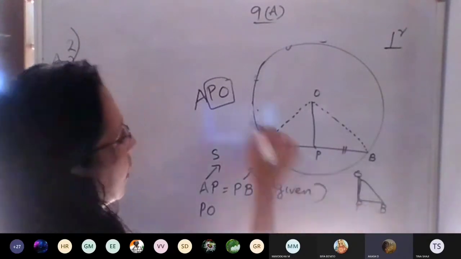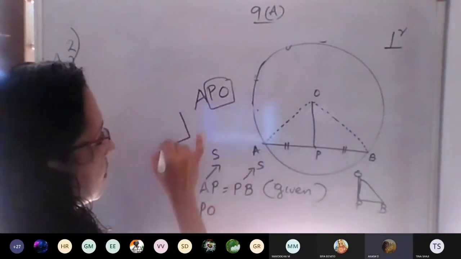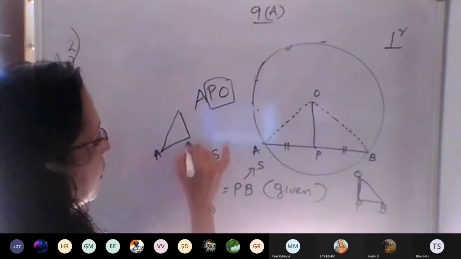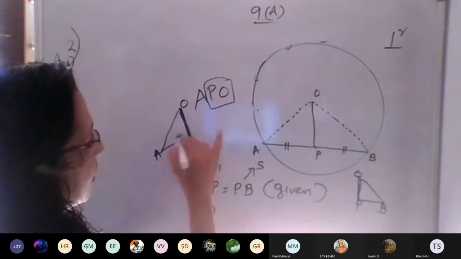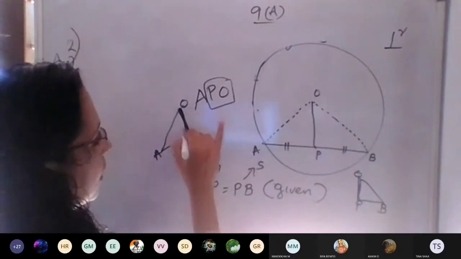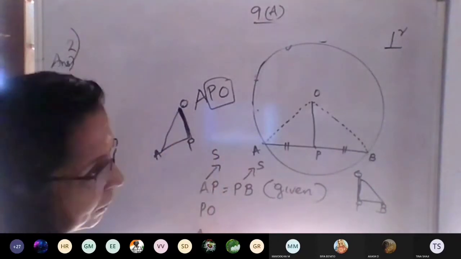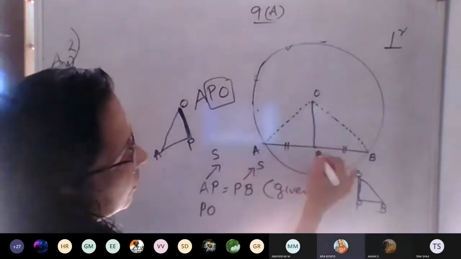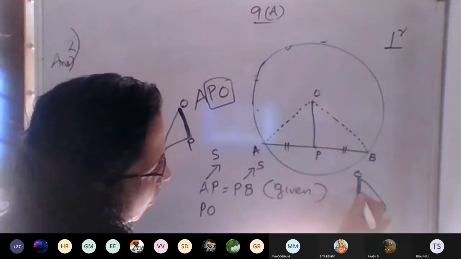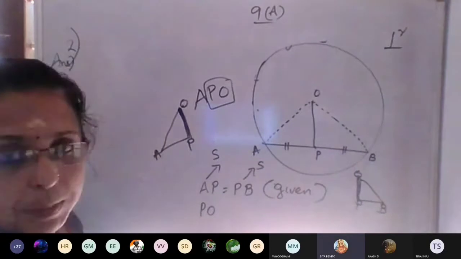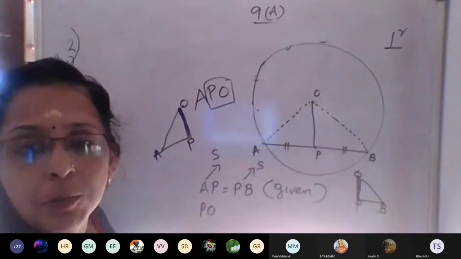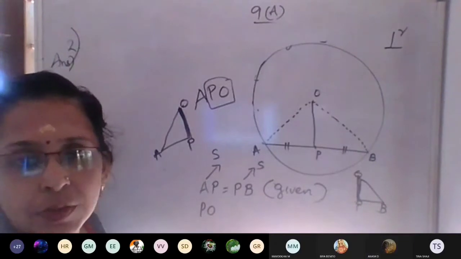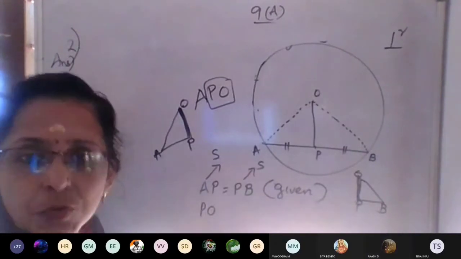First we are considering this triangle. Listen to me properly first. If we are considering triangle APO, OP is coming. If we are considering BPO, here also OP is coming. That means OP is common for both the triangles, so OP is equal to OP itself.